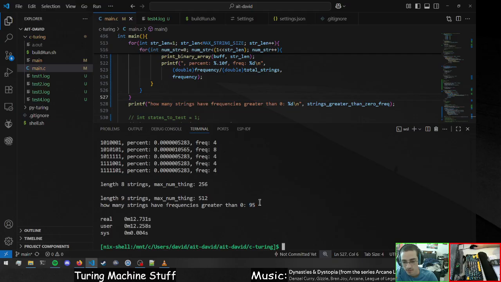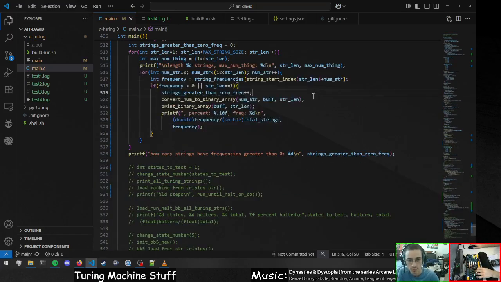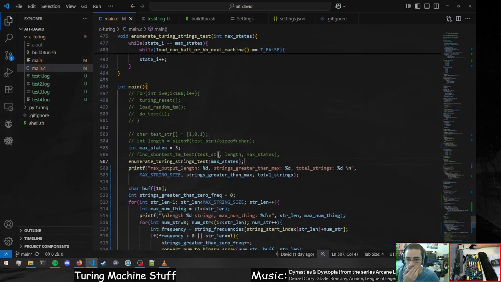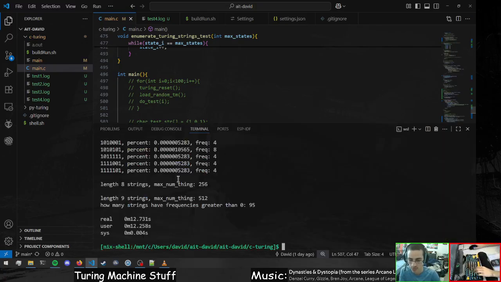95. Okay, so I'm missing 33 strings, and that is probably something right there. I don't know. Okay, so we're on a journey.